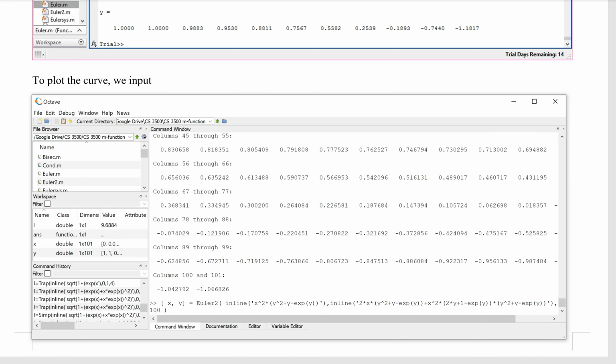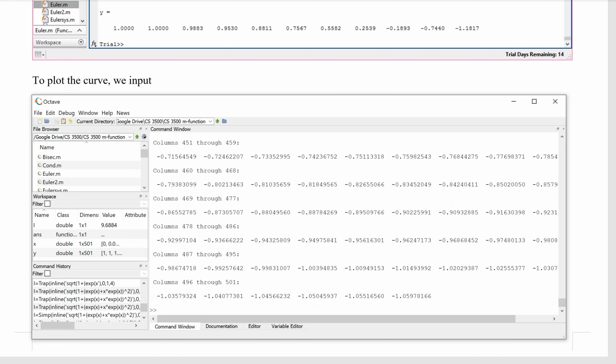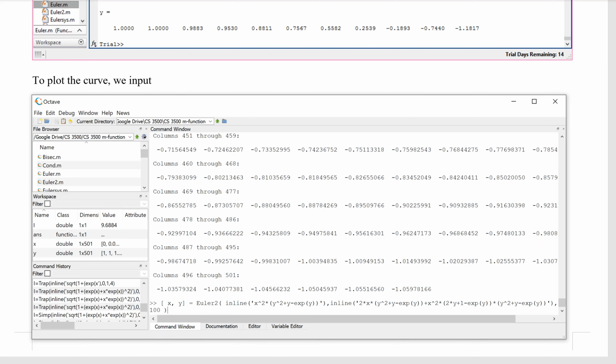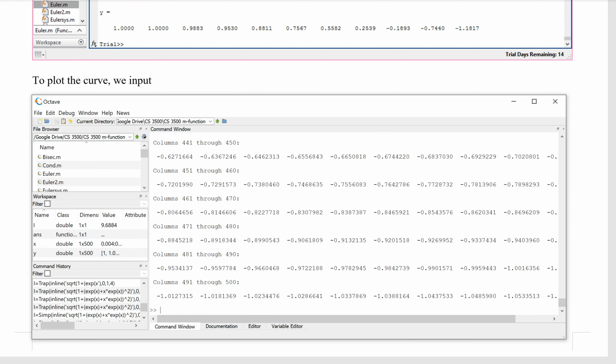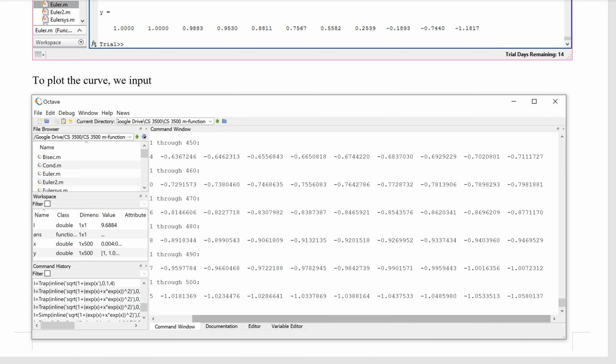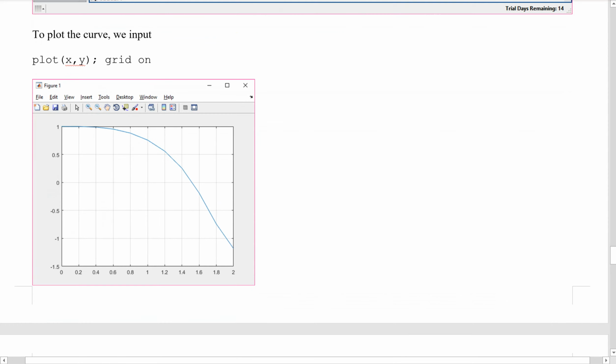But if we want to be closer, probably we need to increase. Let's do 500. Ooh, okay. So minus 1.5978. And if we do just the Euler's method, let's do 500. And let's see. You can see they're also very close. So far so good, everybody.